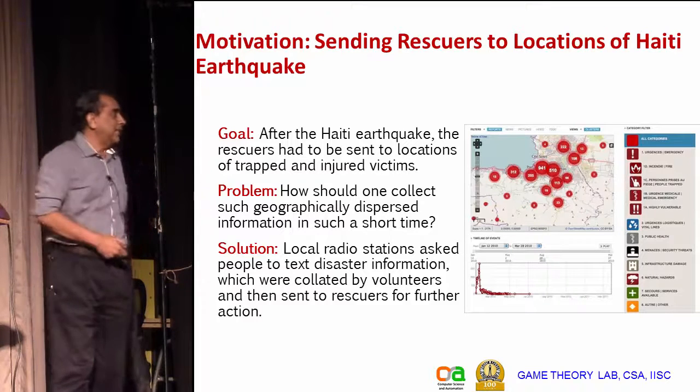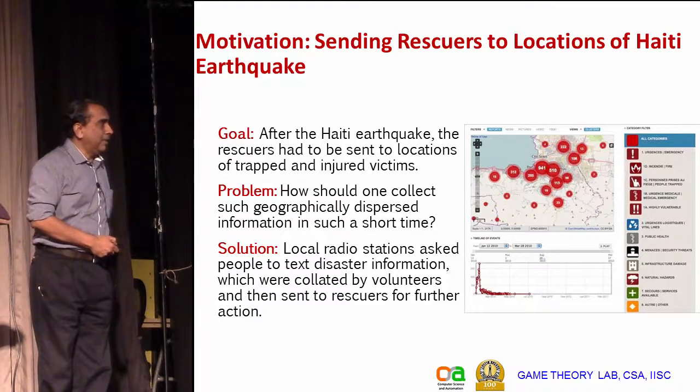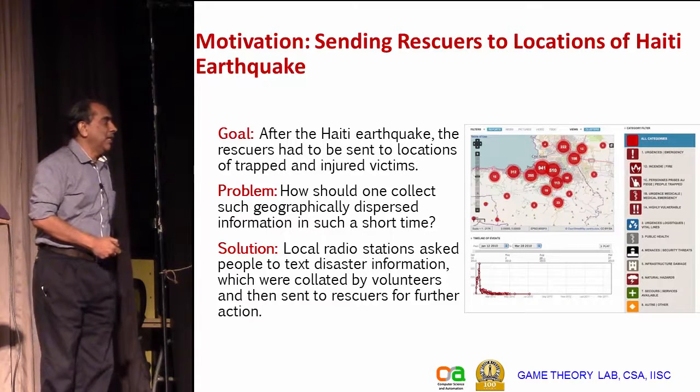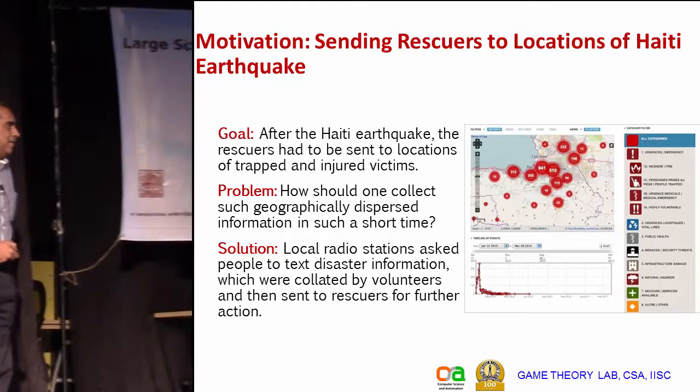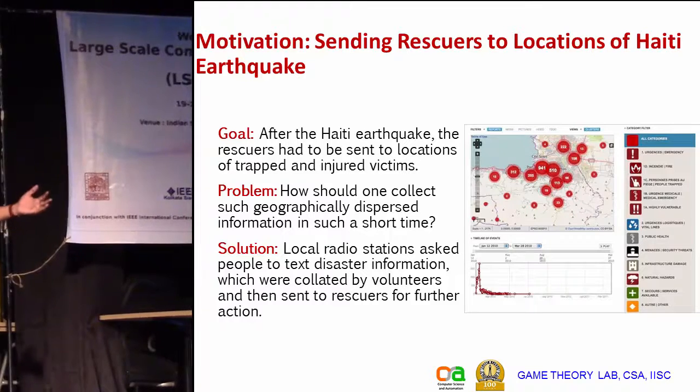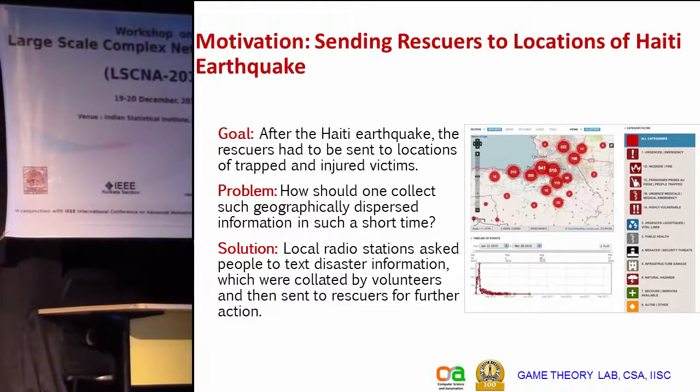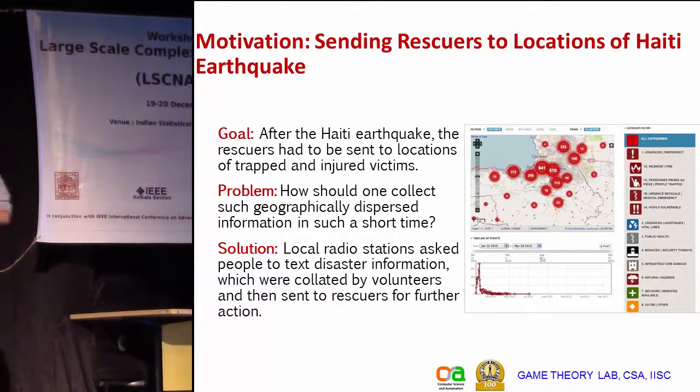Here again, what was actually done was that local radio stations asked people to text disaster information, and that was later aggregated by volunteers. Based on this aggregated information, rescuers were sent to some of the most intensely affected areas. So this is another example of crowdsourcing that, if done properly and effectively, can actually result in a social cause.